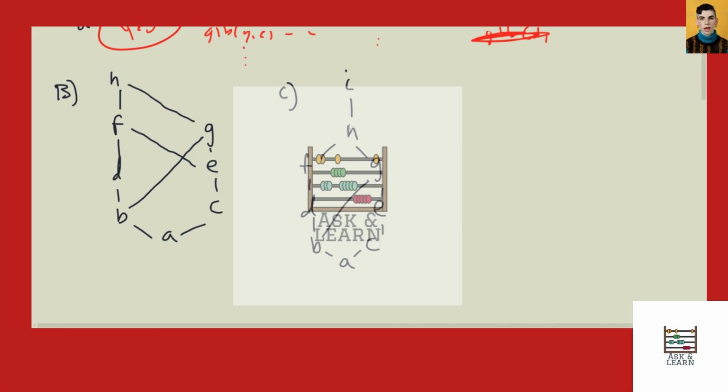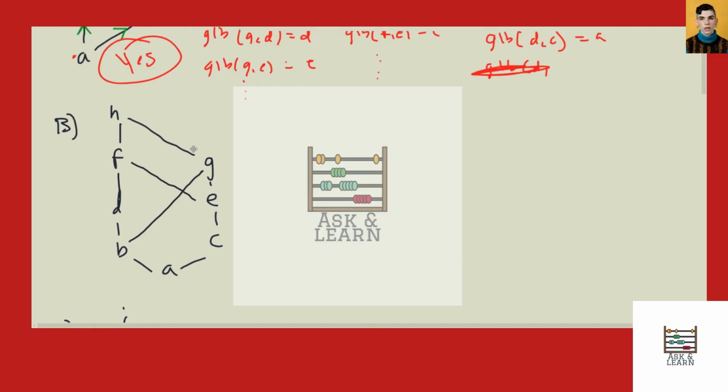All right. Now, what about these two? Well, notice that B and C, I don't believe, have a greatest upper bound. So let's just find upper bounds first of B, C. It looks like G is an upper bound for this.